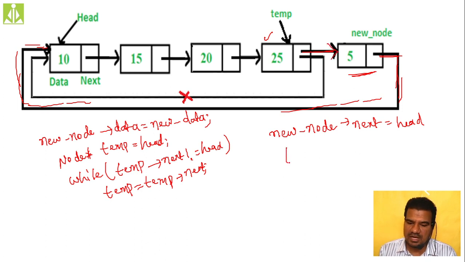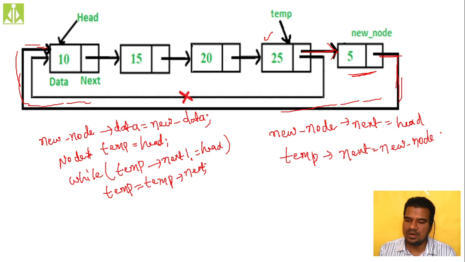How? Temp of next equals to new_node. That's it. Only this minor correction will make this link, and automatically when this pointer is pointing over here, this connection will be automatically deleted, isn't it? So like this sort of connections you have to do.